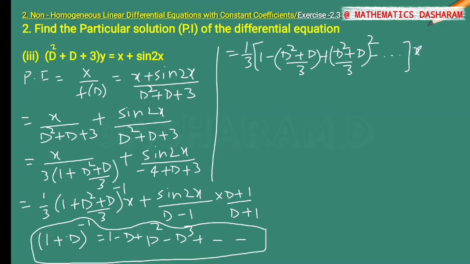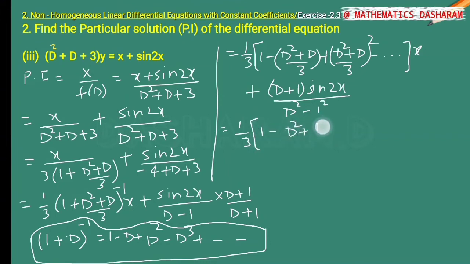into x plus D plus 1 into sine 2x divided by, here a minus b into a plus b, a square minus b square. So 1 by 3, here we can ignore the highest derivative, so D square plus D by 3 into x plus, here D into sine 2x means derivative of sine 2x, that is cos 2x into 2, plus 1 into sine 2x divided by, at the place of D square we can substitute minus 4.